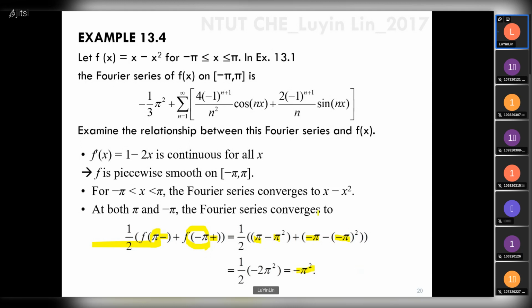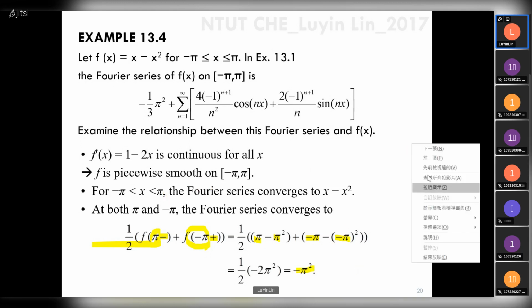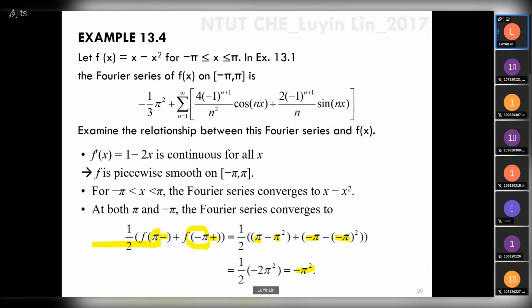After calculation, you got this one. So two parts. For the convergence, you give me this range. Second part, you give me the value. You give me the convergence. So this is the convergence of this Fourier series.